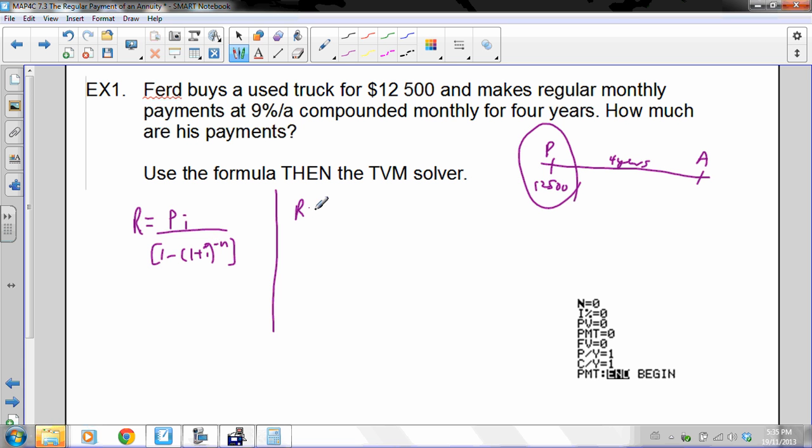Where R is what we don't know. The present value of the truck was 12,500. i was 9% compounded monthly. Watch your decimals. And n is 4 years, monthly payments, 48 payments. Dandy. Okay, now hopefully we can just plunk that into a calculator.